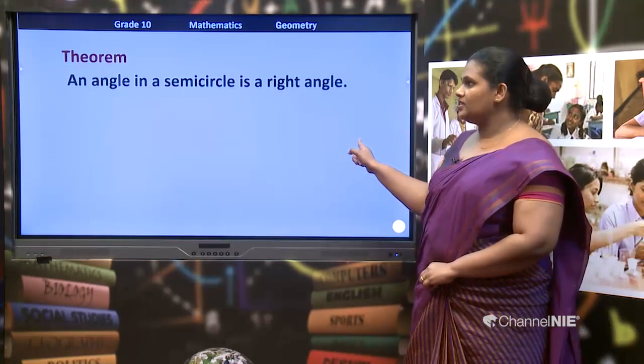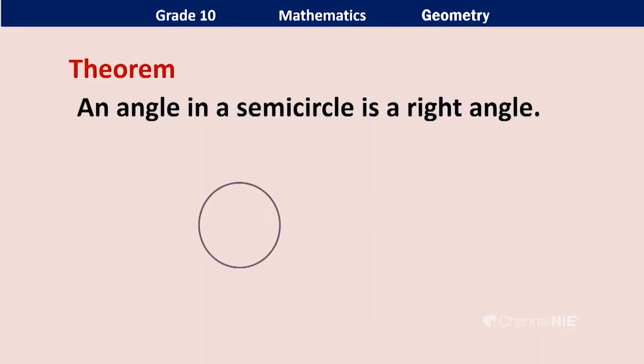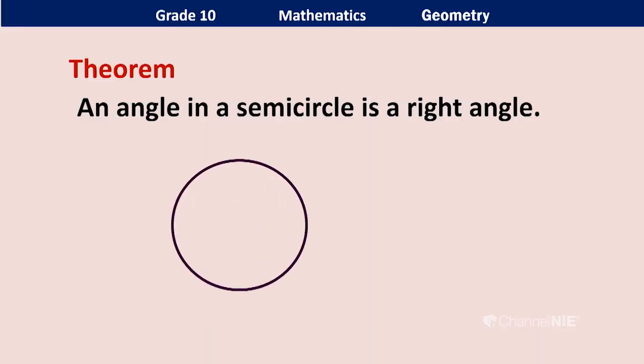Right. Using this theorem, here I can mention the circle and AB is the diameter, therefore, ACB can be considered as an angle in a semicircle. Therefore, the magnitude of ACB angle should be 90 degrees.